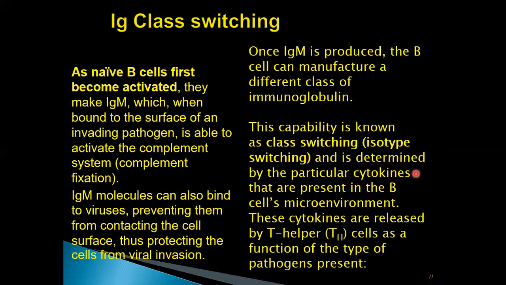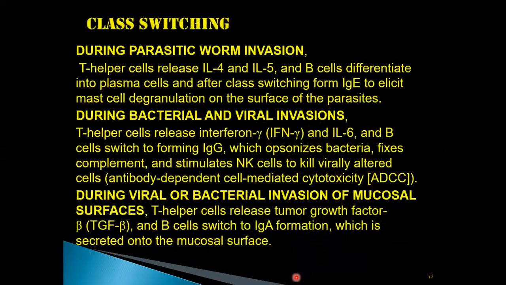So depending on the cytokines coming from macrophages and T cells, the B cell, meaning the plasma cell, will synthesize what kind of antibody. So let's see how. These cytokines are released by T helper cells as a function of the type of pathogen present. So now let's see what.